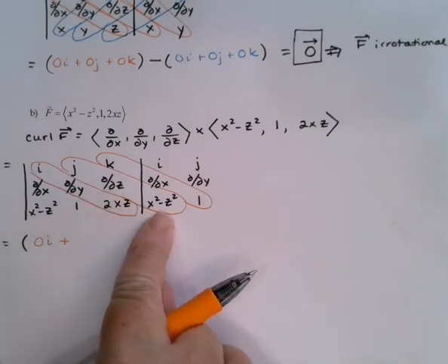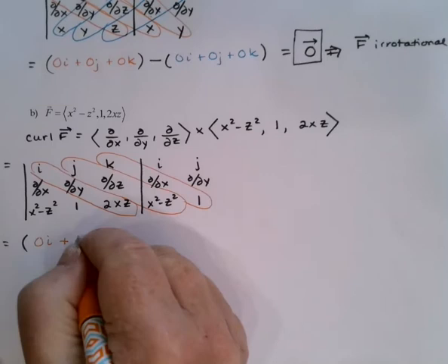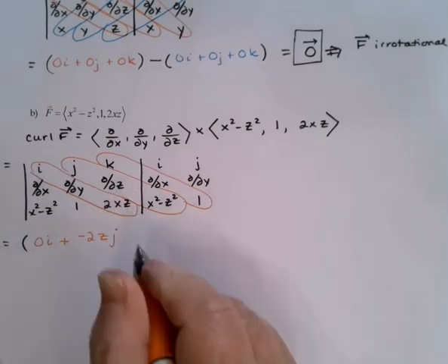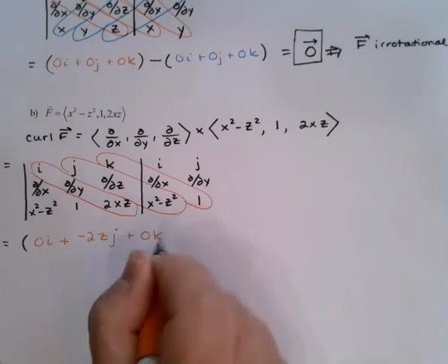There's a z there, so a negative 2zj. And then that's just the derivative of a constant, so 0k.